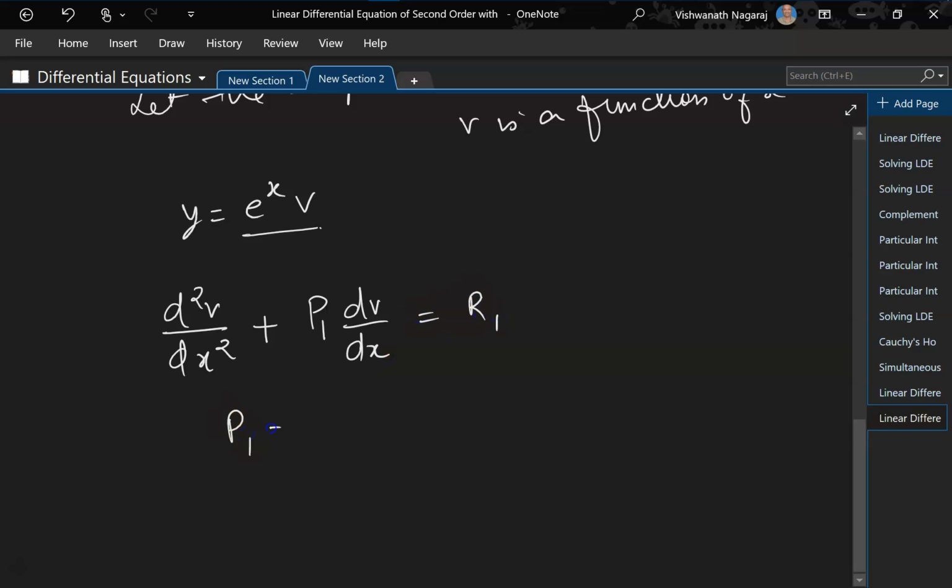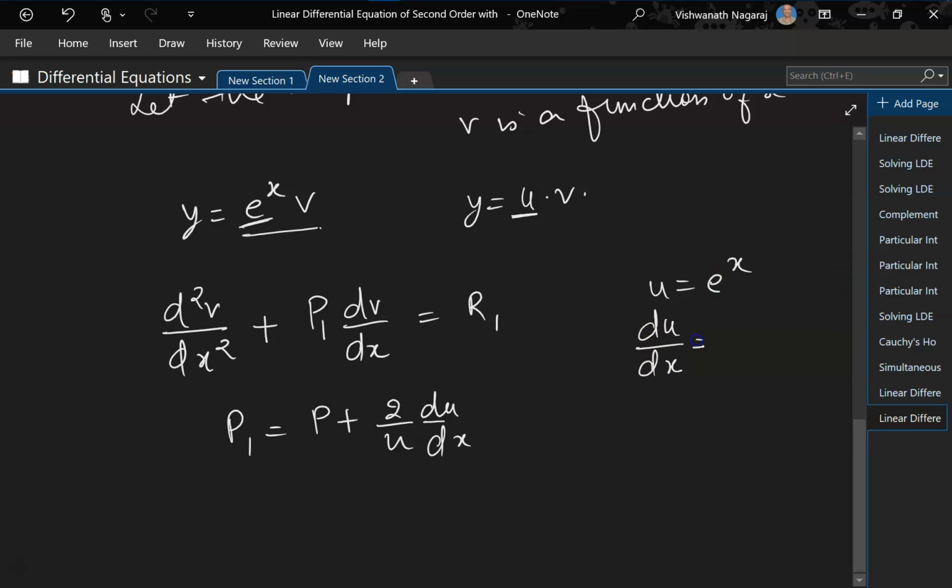Now here p1 is going to be equal to p plus 2/u du/dx. Here u is what? If you remember, y is equal to u times v. That is what we looked at in the previous session. So here u is nothing but e to the power of x, which means du/dx is equal to e to the power of x itself, right?